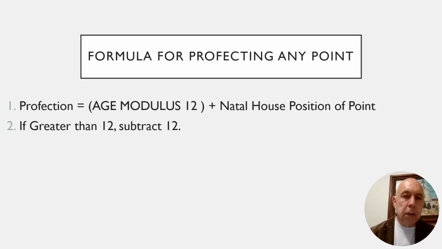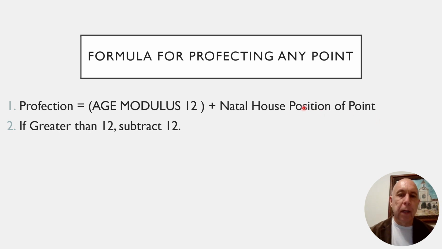So here's the formula for perfecting any point. Perfection equals age modulus 12. Okay, so this looks like our last formula. But then we have something else: plus the natal house position of the point.